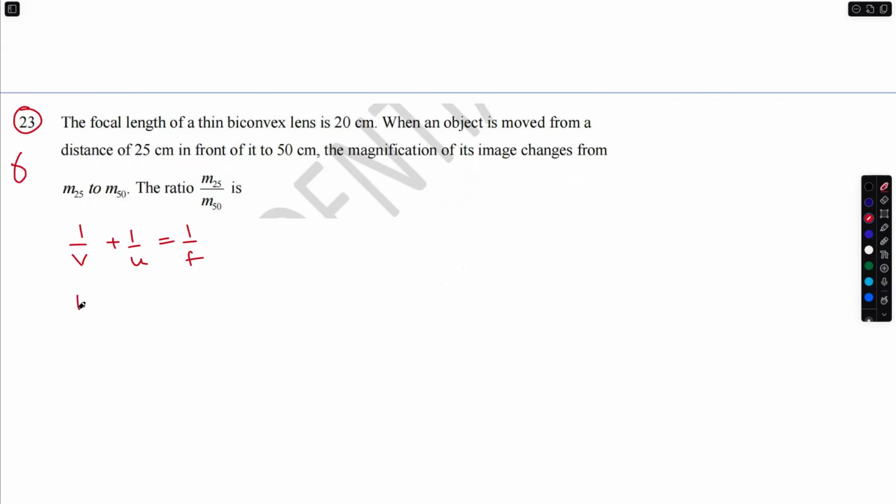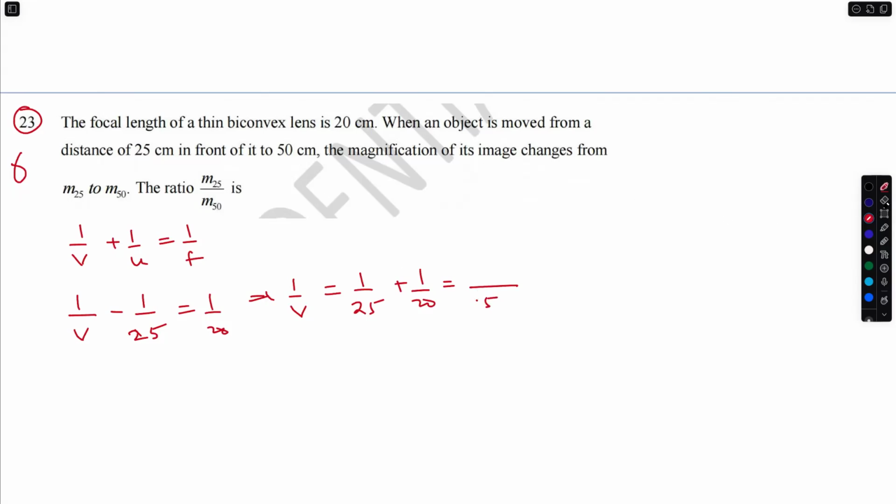First case, 1 by V minus 1 by 25 is 1 by 20. So 1 by V is 1 by 25 plus 1 by 20, 100.